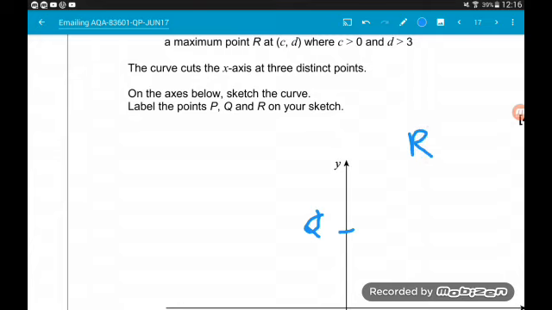So the x-coordinate is positive and the y-coordinate is greater than 3. We are also told the graph cuts the x-axis in exactly 3 points.